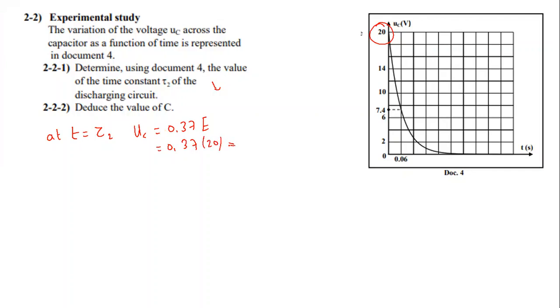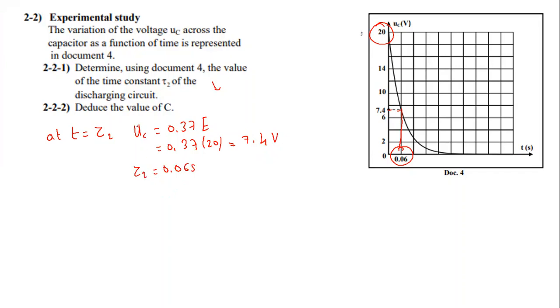So we'll get the value 7.4 volts. Then when I find the 7.4 volts, I put it here. This means that tau2 is equal to 0.06 second.